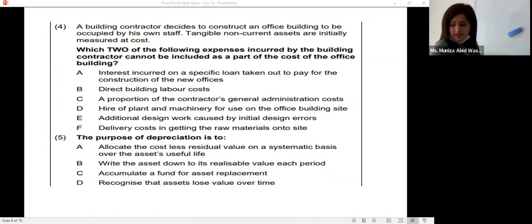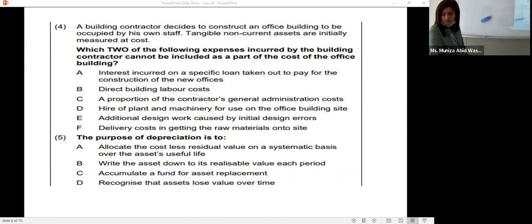Okay, question 5, which one is the right answer? The purpose of depreciation is to. Option C is the right one, is it?